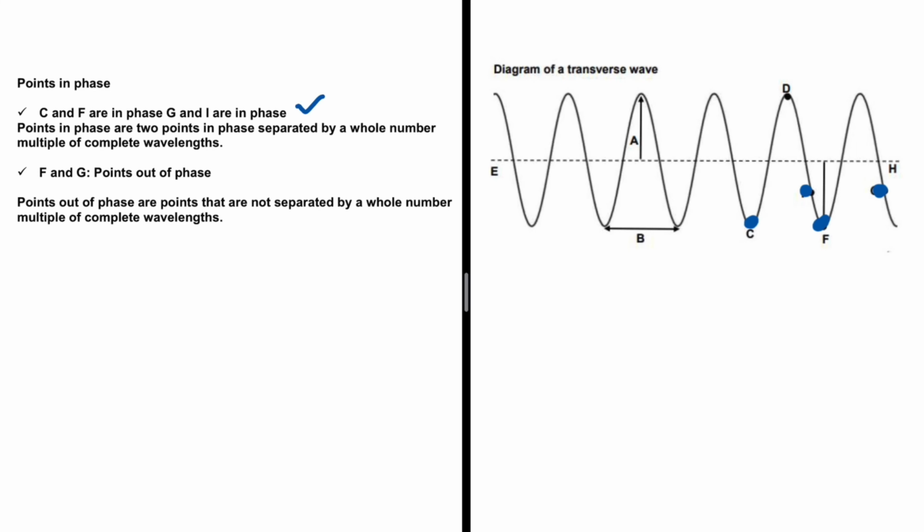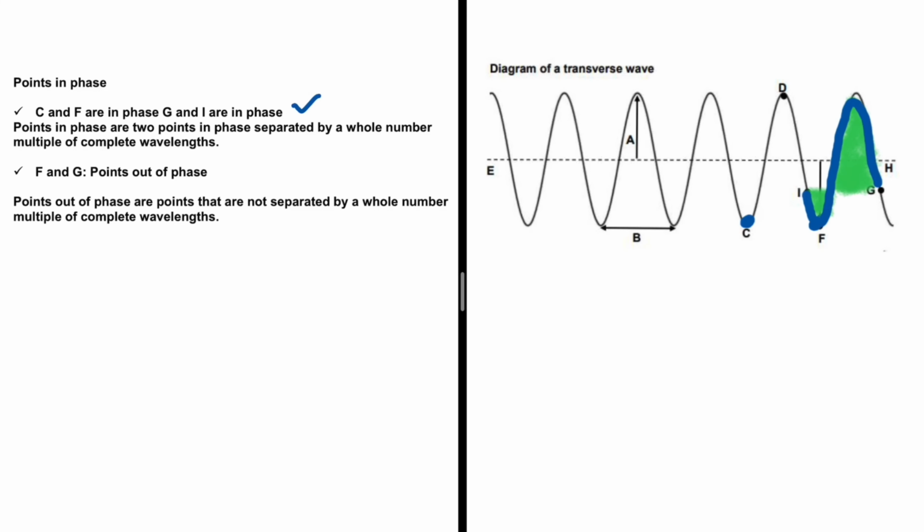And then between G and I, there's also one wavelength, because here we have somewhat a third of a cycle, and here we have the rest. Between I and G, we have one complete wavelength.